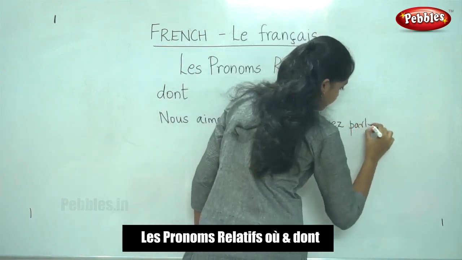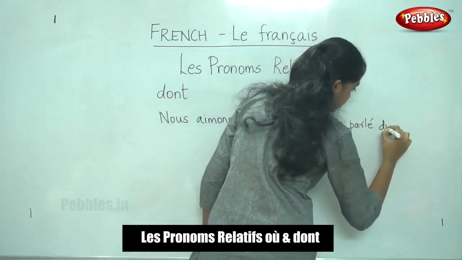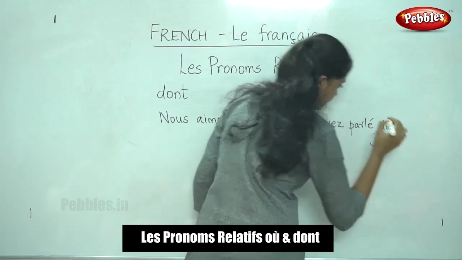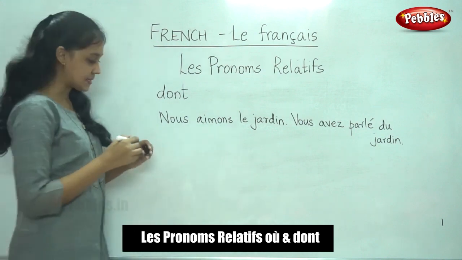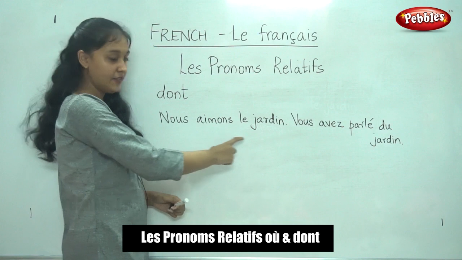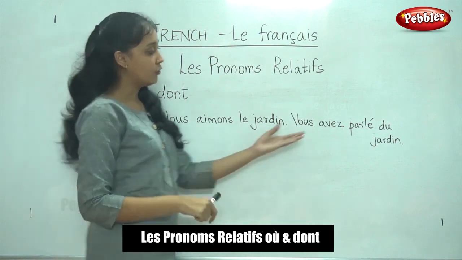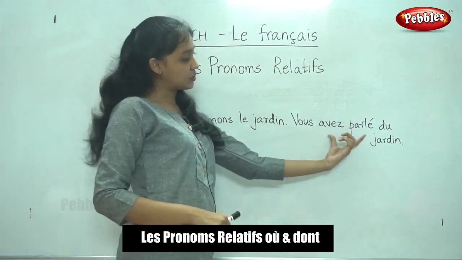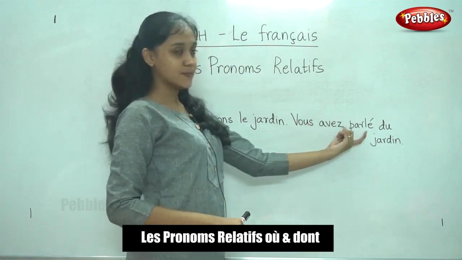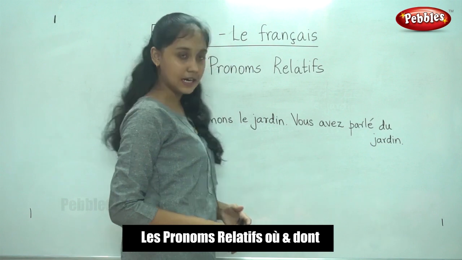Vous avez parlé du jardin. So this is the sentence. Nous aimons le jardin. We love the garden. Vous avez parlé. Do you notice this? This is the passé composé. Yes. You have spoken about the garden.